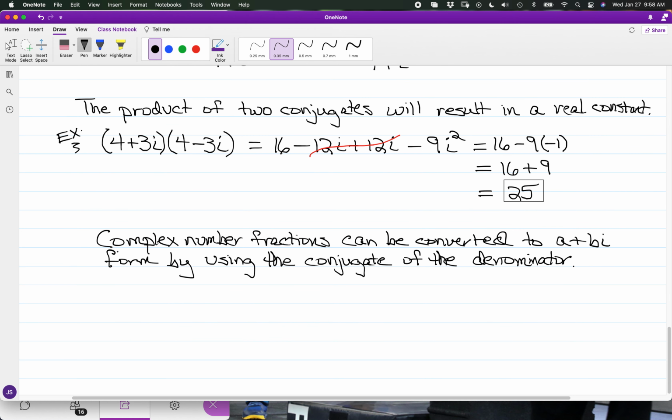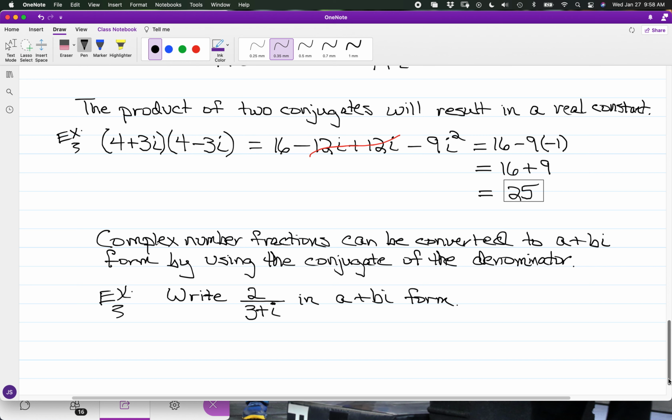And we'll have just kind of a case in point. We have a ratio, 2 over 3 plus i, and we're looking at writing it in a plus bi form.